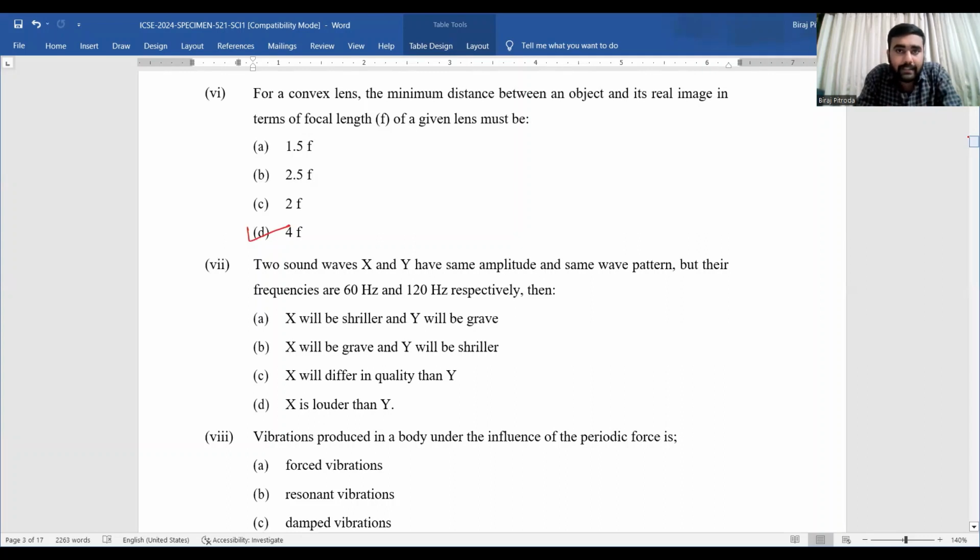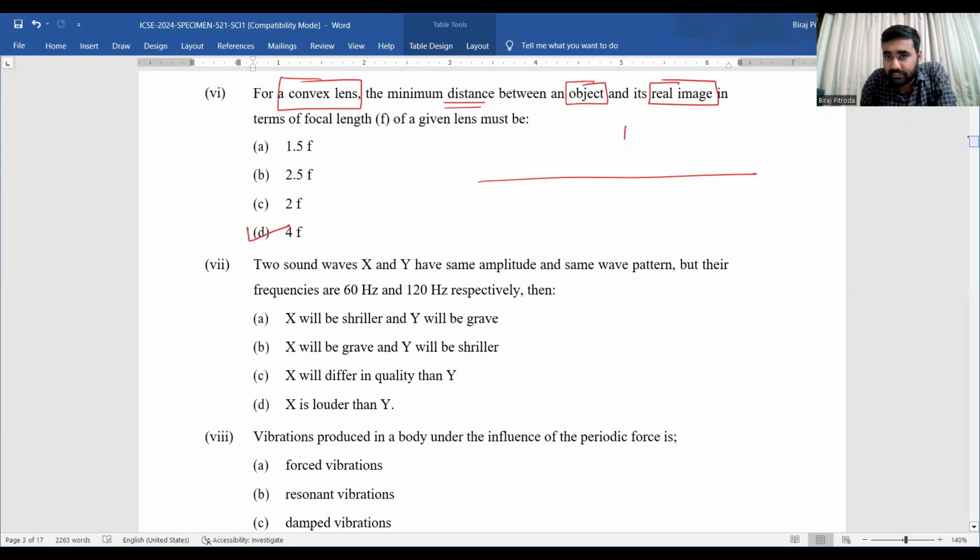Let me prove to you why it is correct. Students, they have given us a convex lens and we need the distance between the object and the real image. If you recollect the ray diagram where the object was placed at 2f1, the image we were getting was at 2f2.